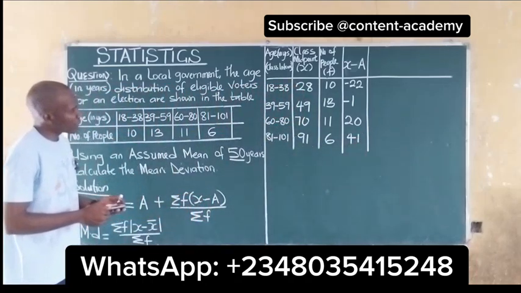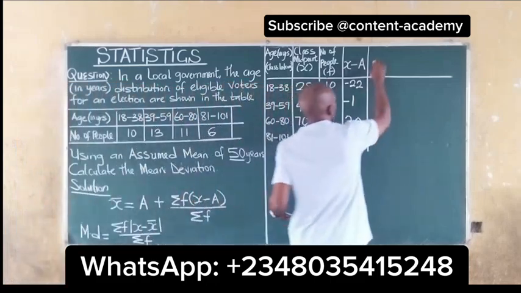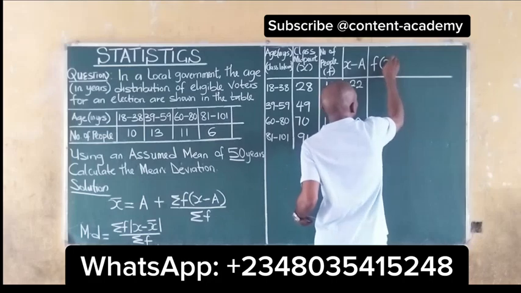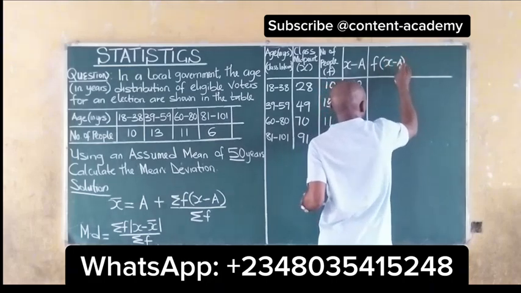The next thing is to get f multiplied by x minus a.